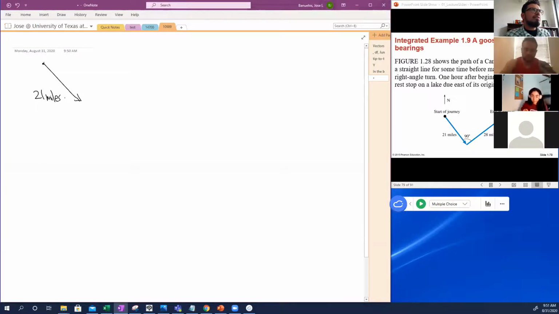And then it says after some time, it made a corrective right angle turn. So it made a nice right angle turn. So this angle here is what they're talking about. So this corrective turn is basically him going like, oh crap.